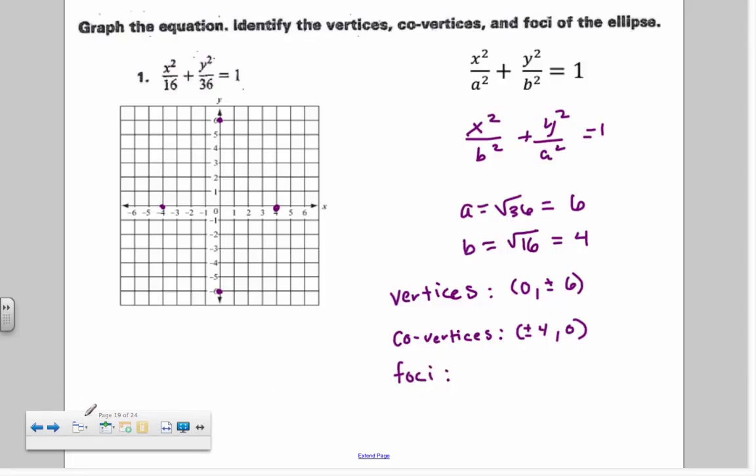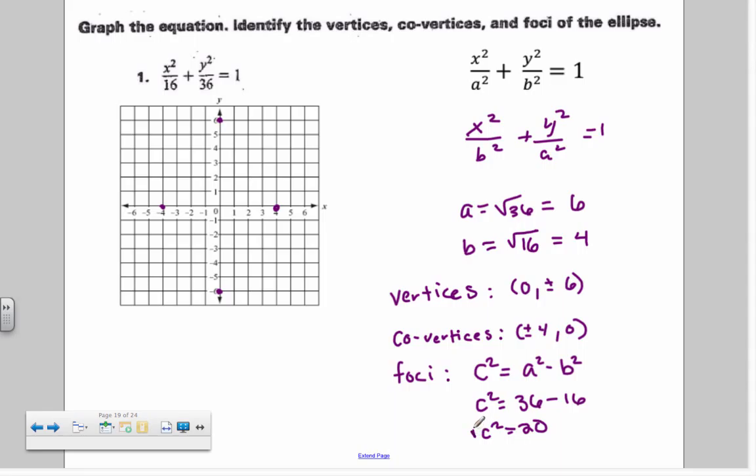To find the foci, I take c squared equals a squared minus b squared, the c being my foci. My a squared was 36, the bigger of the two. So c squared equals 36 minus 16, which is 20.